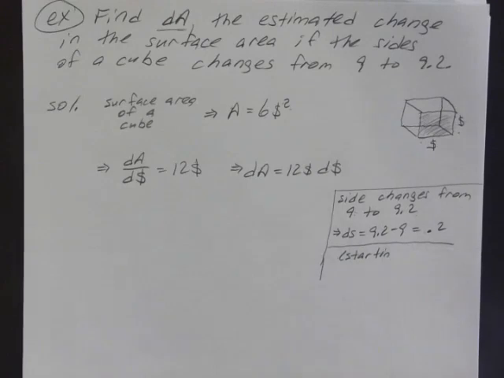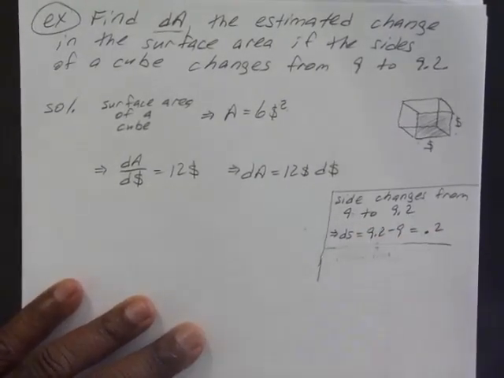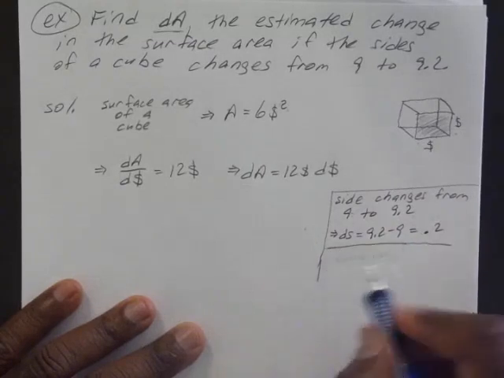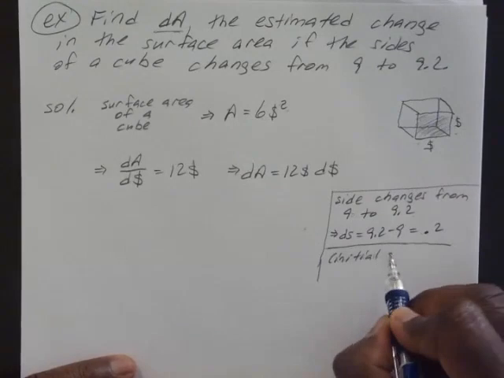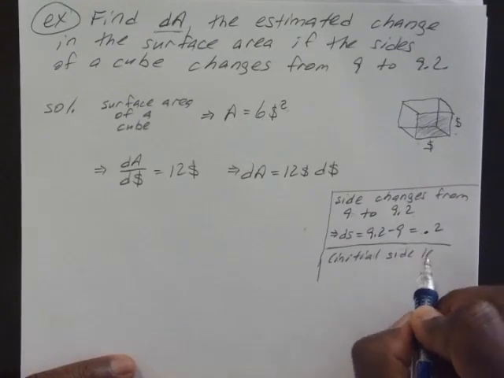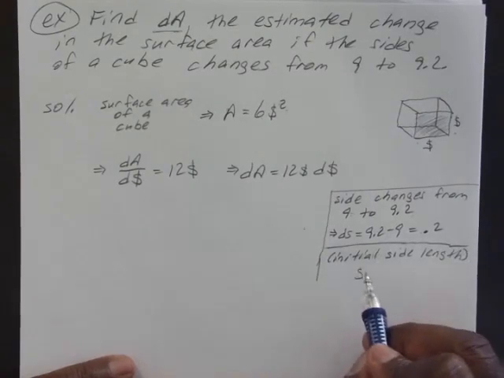And your initial side length, your S, is just equal to 9.